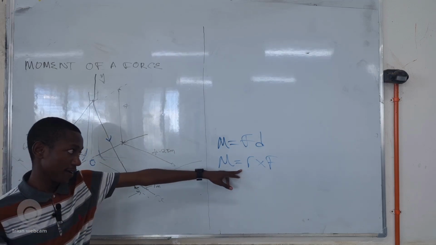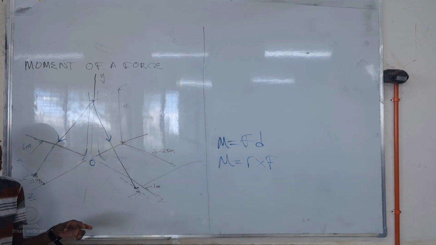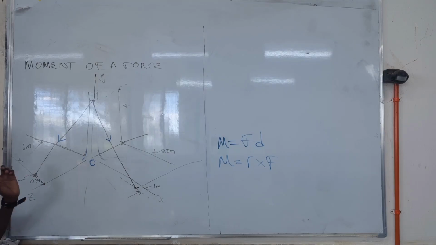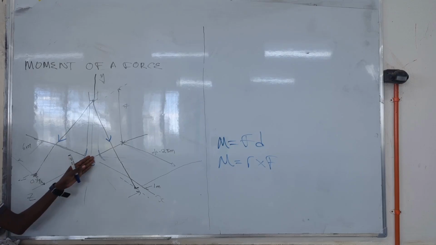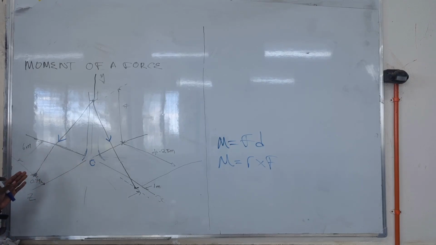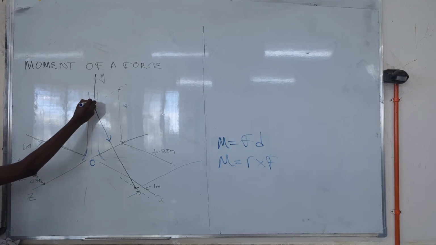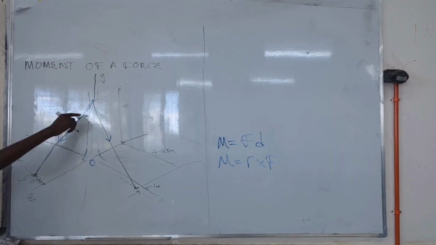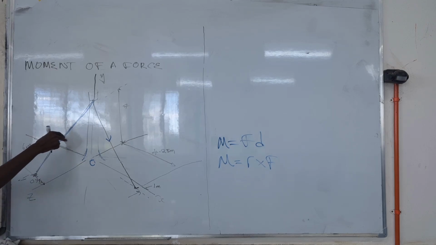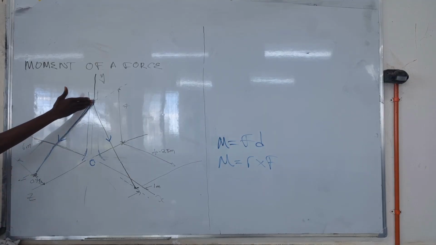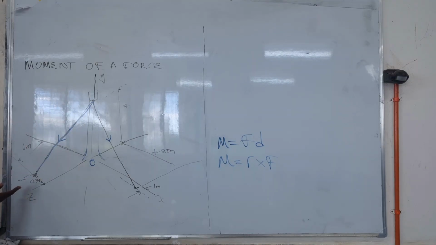This distance r is going to be any distance from the origin to the force. So that distance, we know that for this line the force is being exerted on the entire line, right?